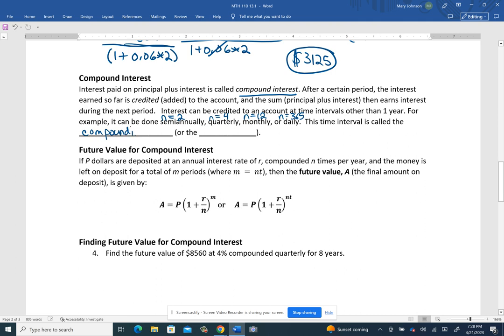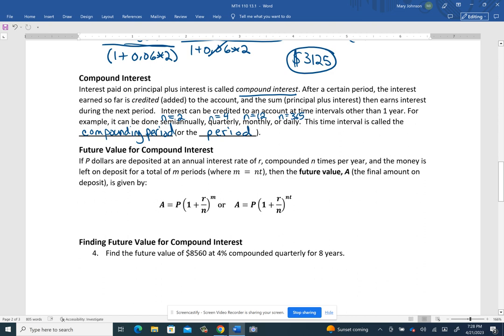Compounding period, or the period. So there's a different formula that we use when we're dealing with compound interest problems, but a lot of the letters are the same. The A is still future value or future amount. The P is still principal, the amount deposited or the amount borrowed.